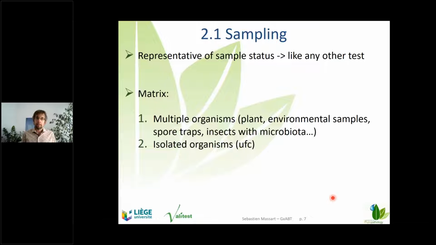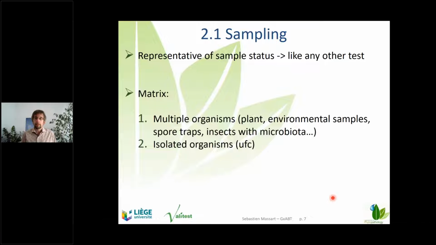So once you apply high throughput sequencing, it's always a matrix, and it's important to have in mind that we have a complex matrix, because if you target a range of pests, you will also be able to detect many other organisms. That's the primary nature of high throughput sequencing. If you do an RT-PCR or ELISA, you know you target this virus, this species or this race of fungi.